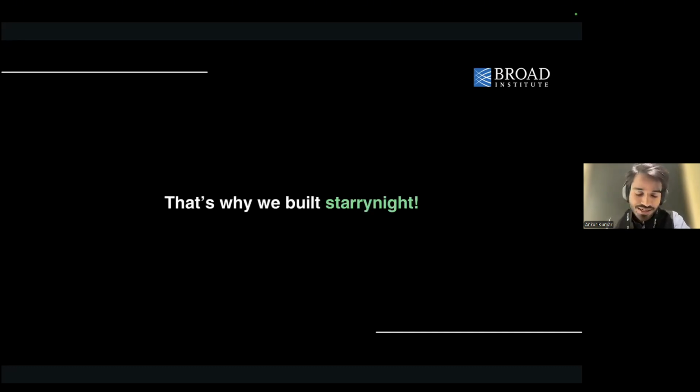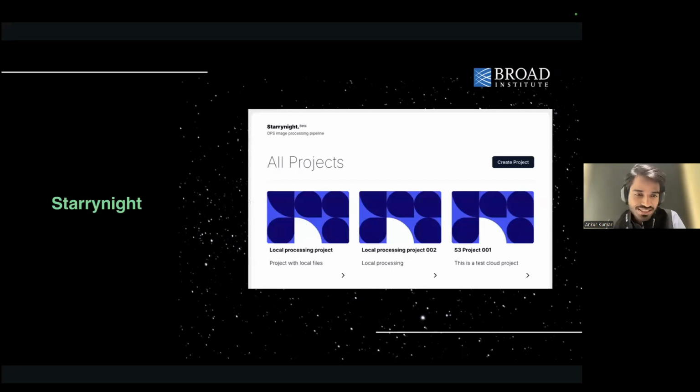Okay, and that's why when we started thinking about the project internally, about processing a lot of datasets from Cell Painting experiments, we decided to build Starry Night. We call our pipeline internally Starry Night, and it's a fairly straightforward tool.